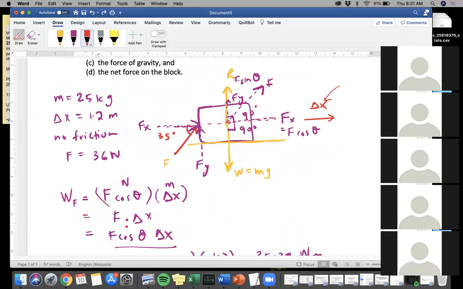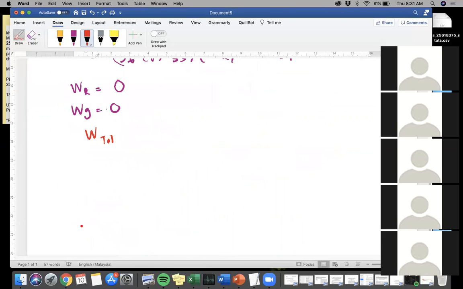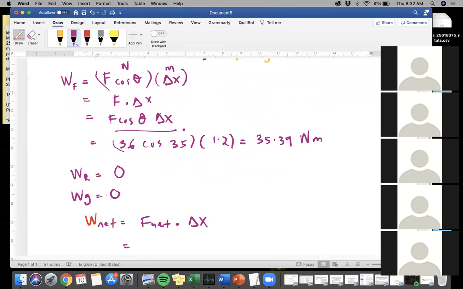W net. I have to correct this question. It's actually total, but in this question they say net. It's the same. So you will say this is F net dot product with displacement.